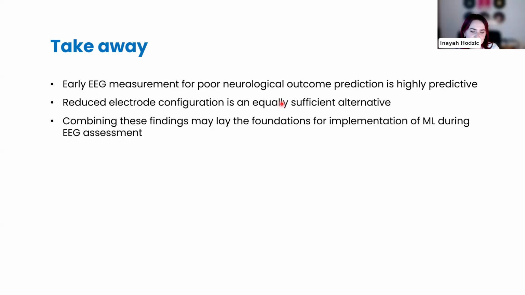Yeah, so that's an interesting point. I do want to reiterate that right now in the guidelines and the protocols, treatment decisions based on this prognosis are not made before the 12-hour and the 24-hour mark.